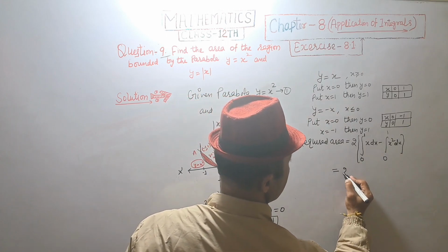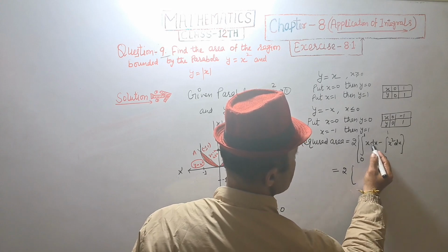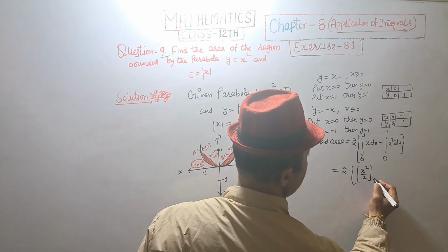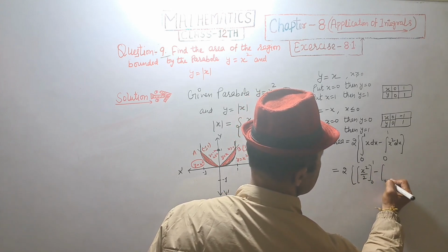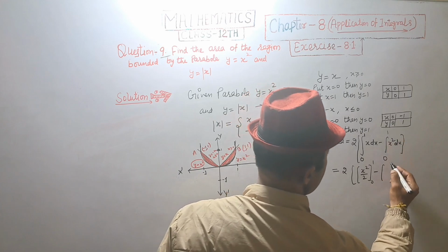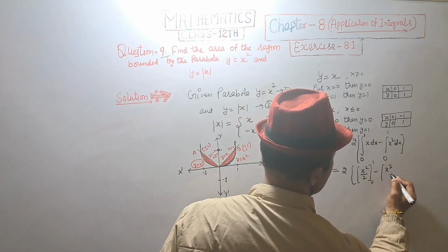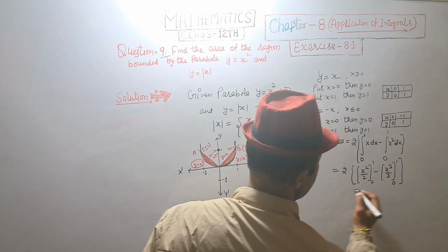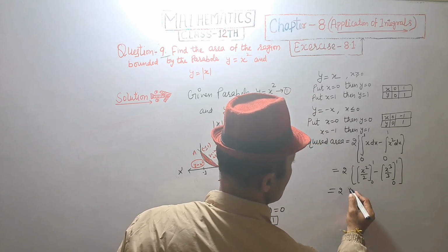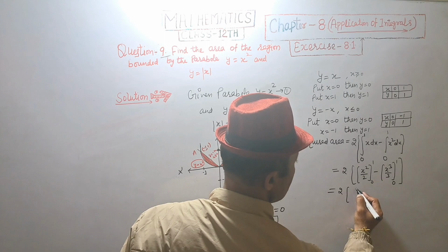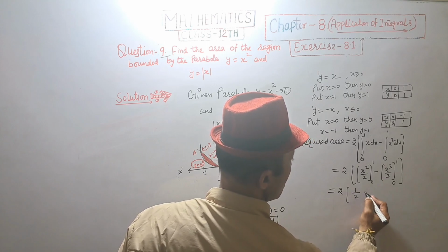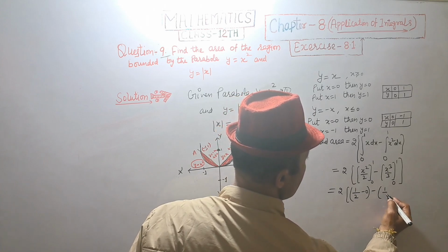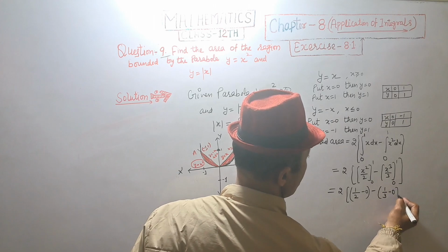Is equal to 2 times integration of x dx is x square upon 2, and limit is 0 to 1, minus integration 0 to 1 x square, that is x raised to power 3 upon 3. That is equal to 2 into, upper limit is 1, 1 square is 1 upon 2 minus 0, minus 1 cube is 1 upon 3 minus 0.